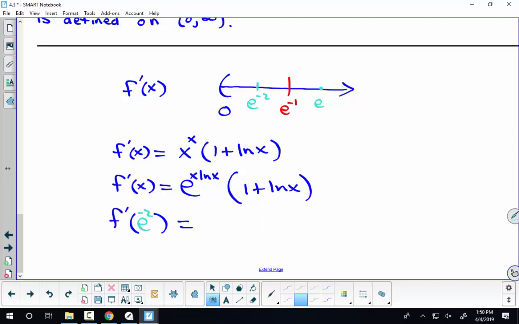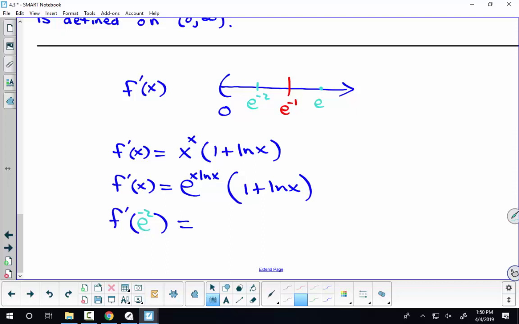So x to the x, or e to the x ln of x, is that always negative, 0, positive? What is it? It's exponential. It's always positive, right? e to any power.